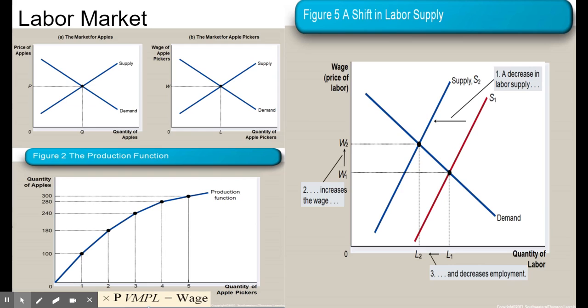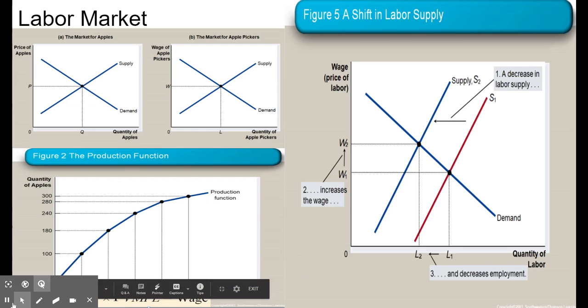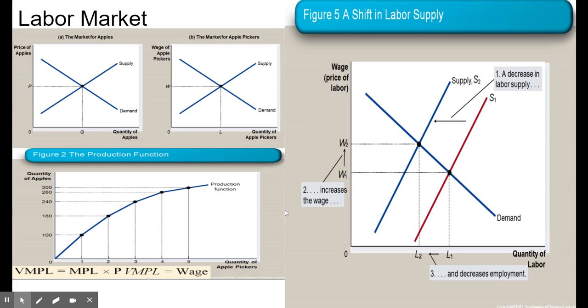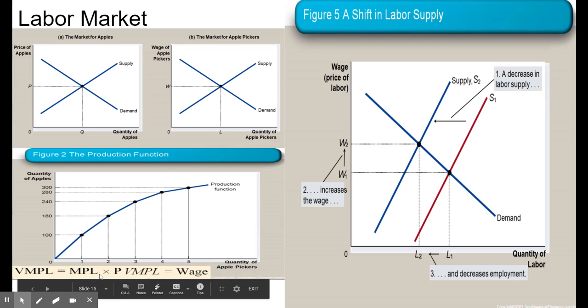And the value of the marginal product of labor, let me just change the sides there, the VMPL, the value of the marginal product of labor, so how much is that increase in production worth? And we estimate that by this formula here.